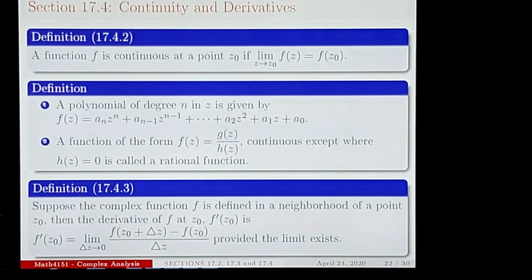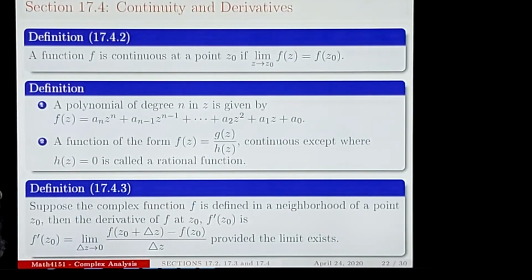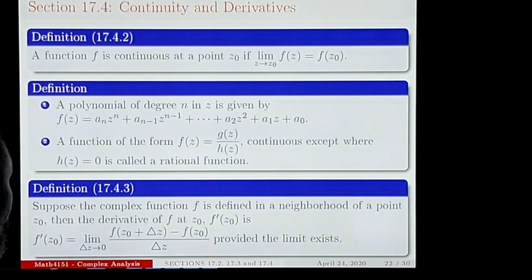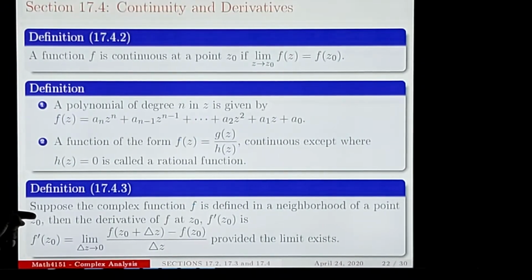So I'll start from there. This is basically where we bring in the idea of derivatives or differentiability for complex valued functions. Suppose the complex function f is defined in a neighborhood of a point z naught.